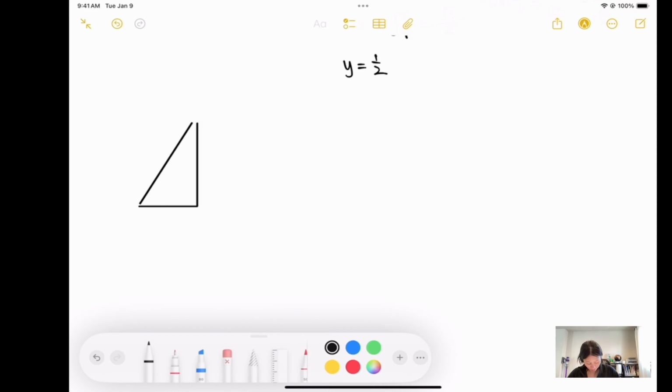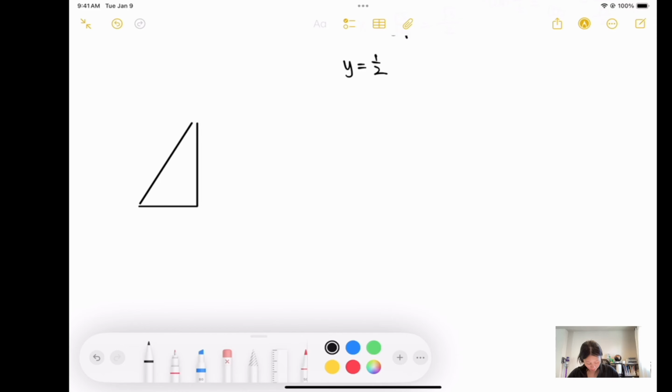If this is 1, and in a right triangle one angle is 30 degrees, that means the other one is going to be 60 degrees. It's always 30, 60, and 90. So that means this side is 1/2, and this side we don't know. And this is y now, not x, because it's the vertical distance.